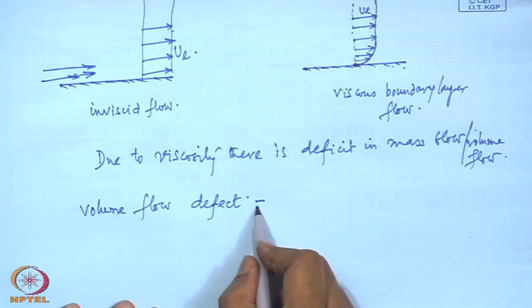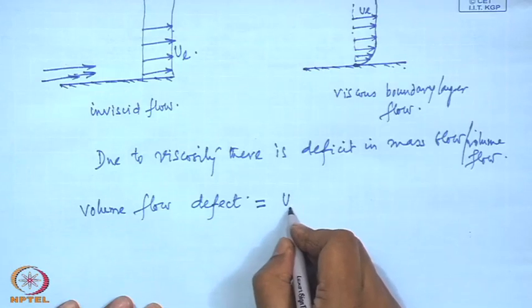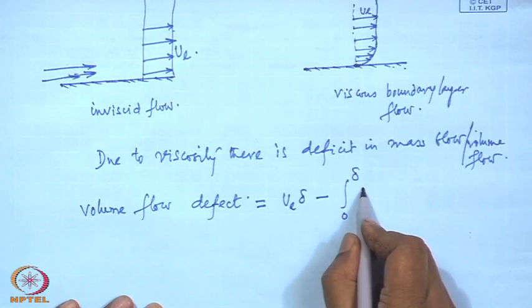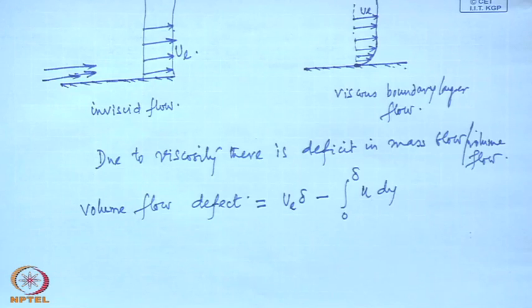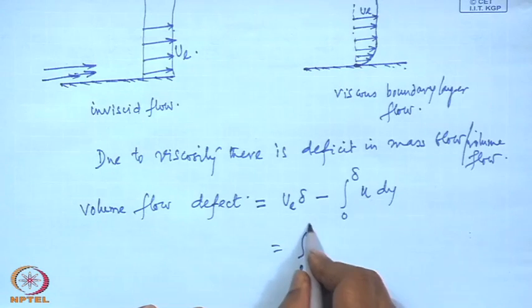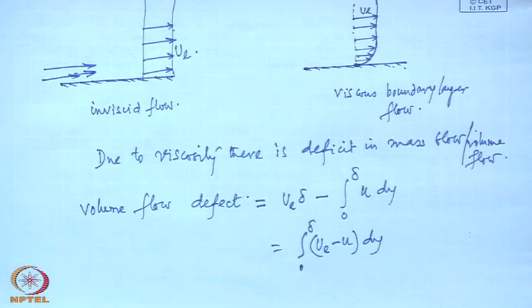In the inviscid flow, the volume that would have flowed through the thickness of layer delta is U E into delta, and in case of viscous flow this is... which can also be written as... but we really do not know delta.